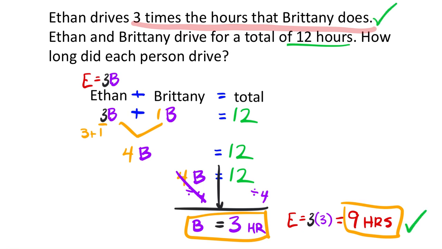But the second part, right? Ethan and Brittany drive for a total of 12 hours. Well, Ethan drove 9 hours. Brittany drove 3 hours, and as it turns out, when we add these 2 together, we do get the 12 total hours, and that confirms that that one is also checked off.